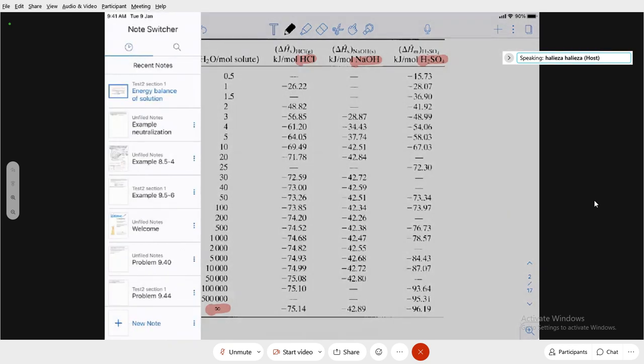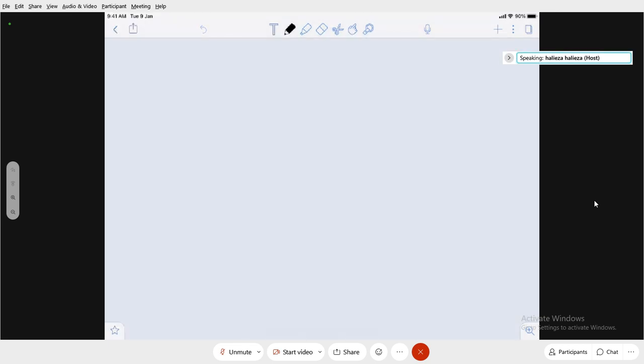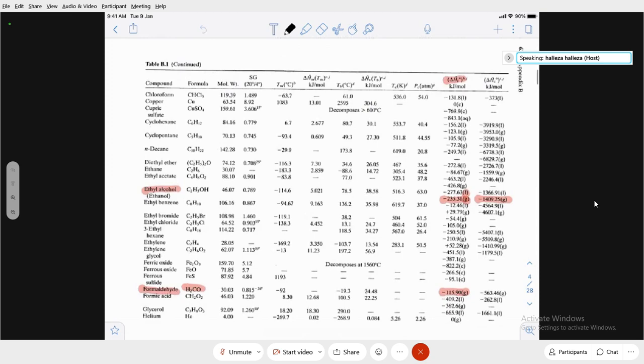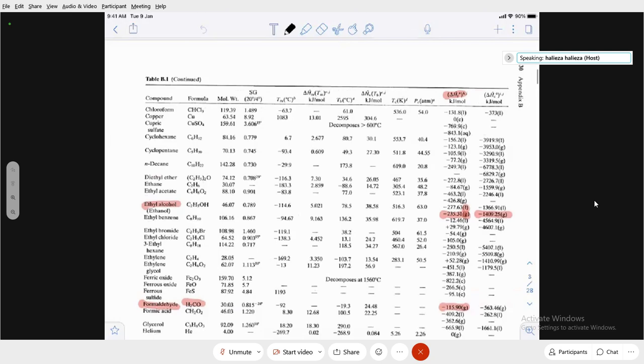Okay, let's look at appendix B1. This is appendix B1, and for infinite solution, the symbol for heat of formation, sorry guys, heat of formation is actually aqueous.